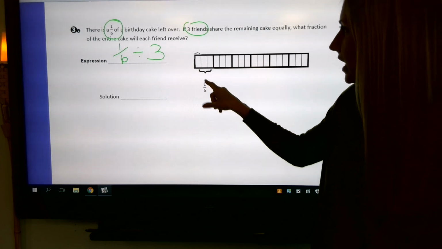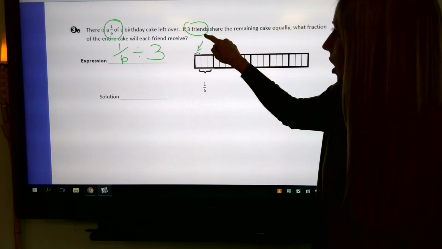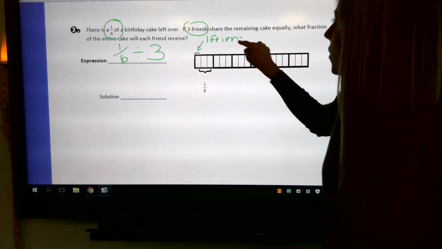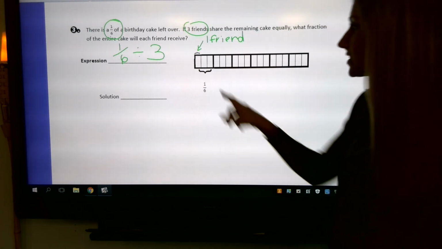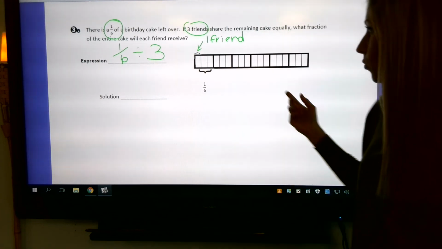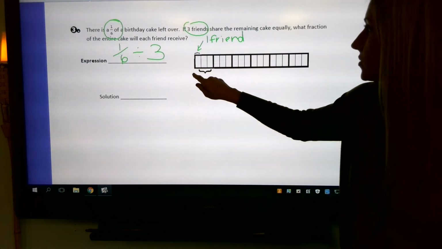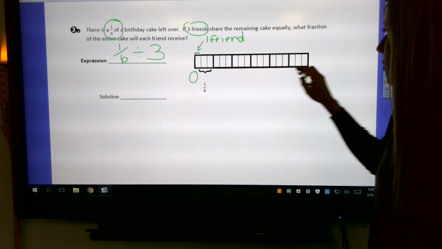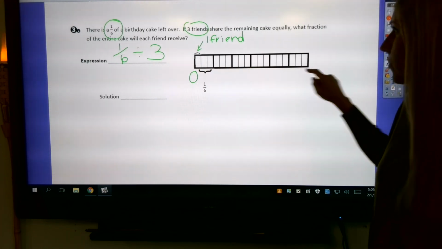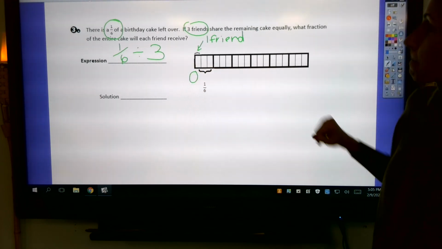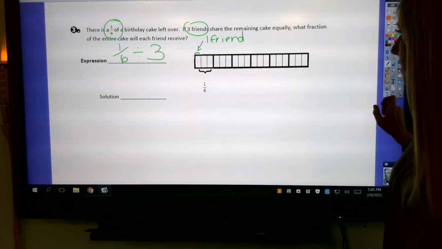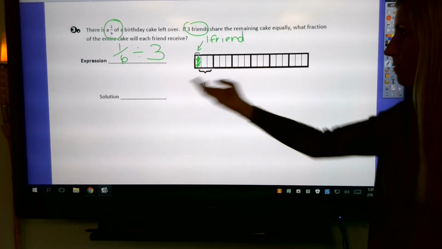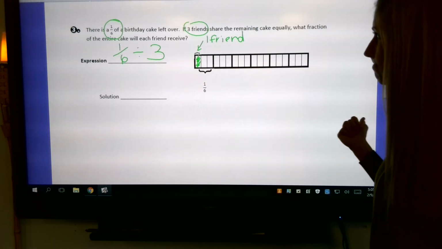So we have 1/6, and this is going to represent a person, one friend, right? And what is each friend going to get? Since we had 1/6, see how this is a 0, and it goes all the way to 6ths, then you can look and count what that is out of what makes a whole, okay?